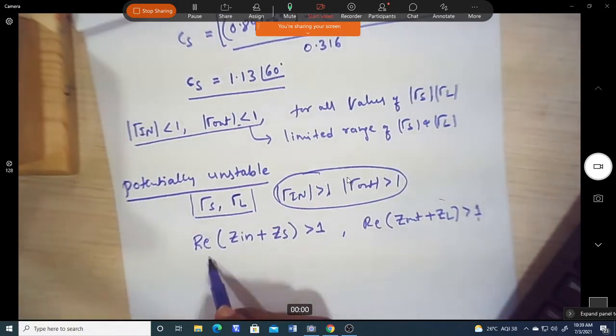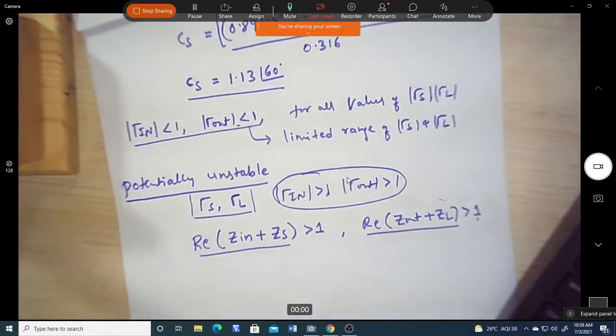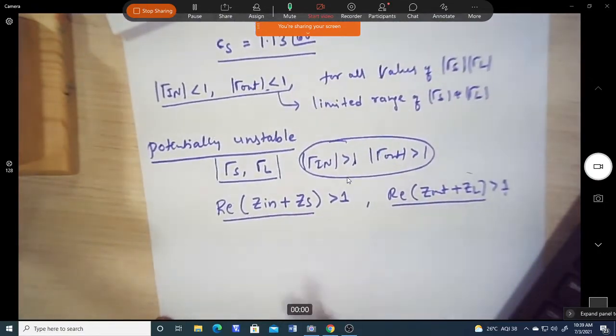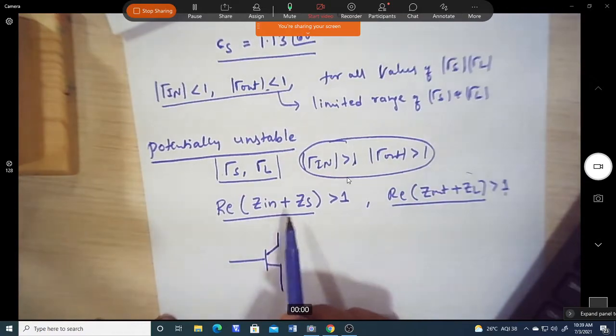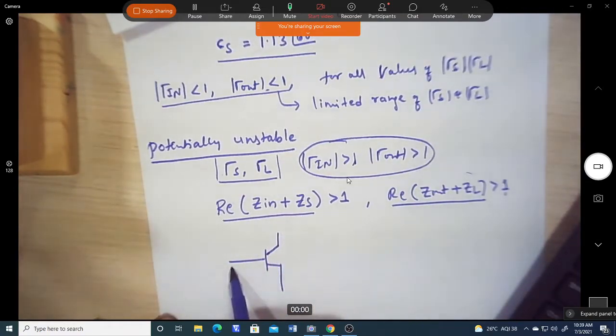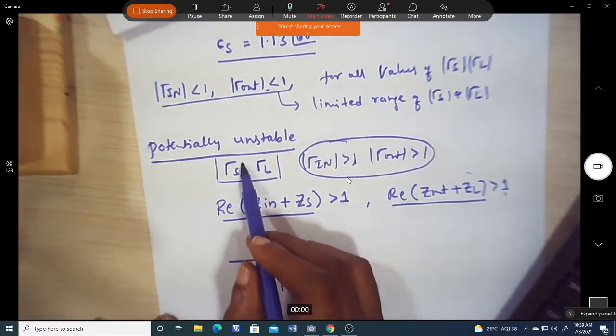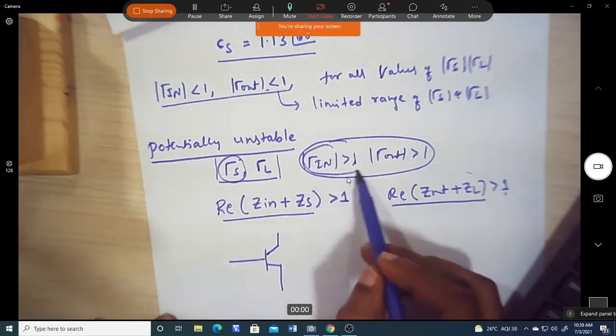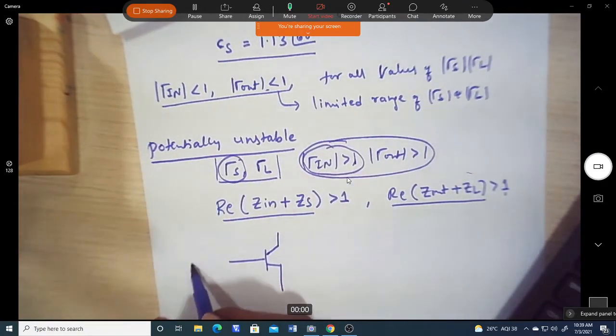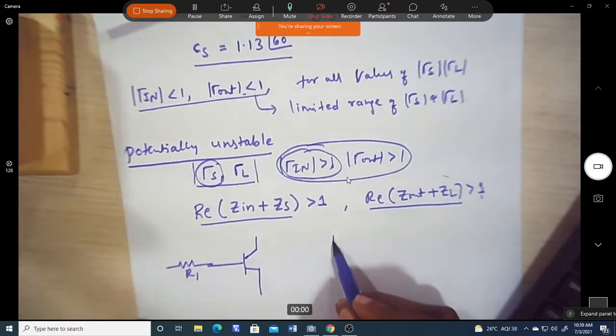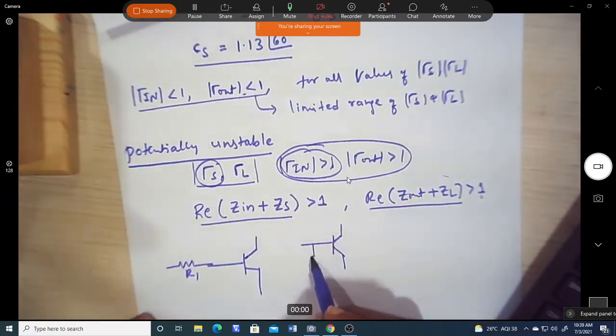So now how to do this? How to bring Z out and Z L? If I have the transistor, which is the potentially unstable case, we add a resistor at the input side.